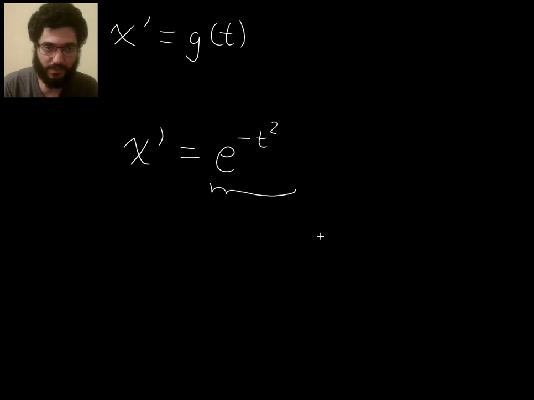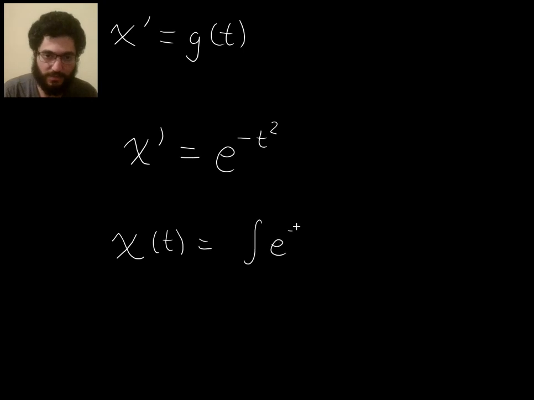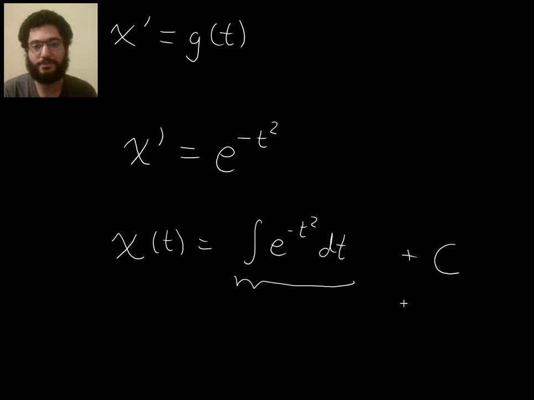What I have here is a function of t alone. So I should be able to integrate both sides, right? I should be able to say, okay, so then x of t equals the integral of e to the minus t squared dt, and then if I can just figure out what this integral is, then I can throw on a plus c, and there's my general solution.